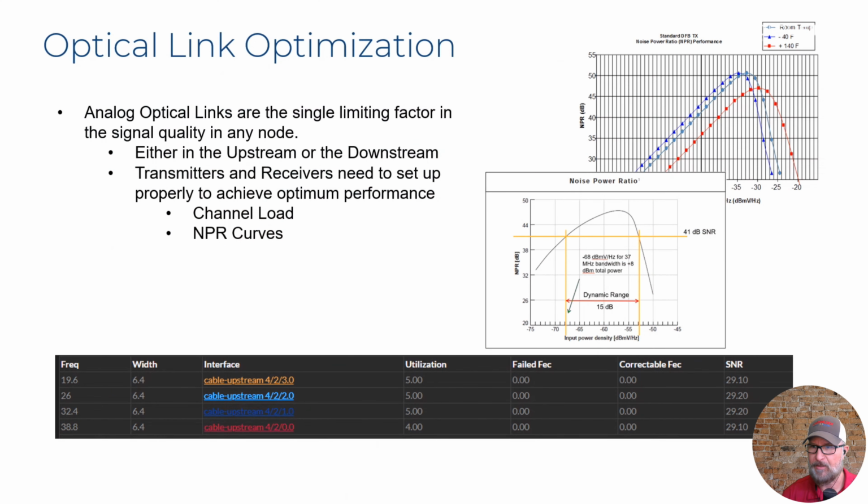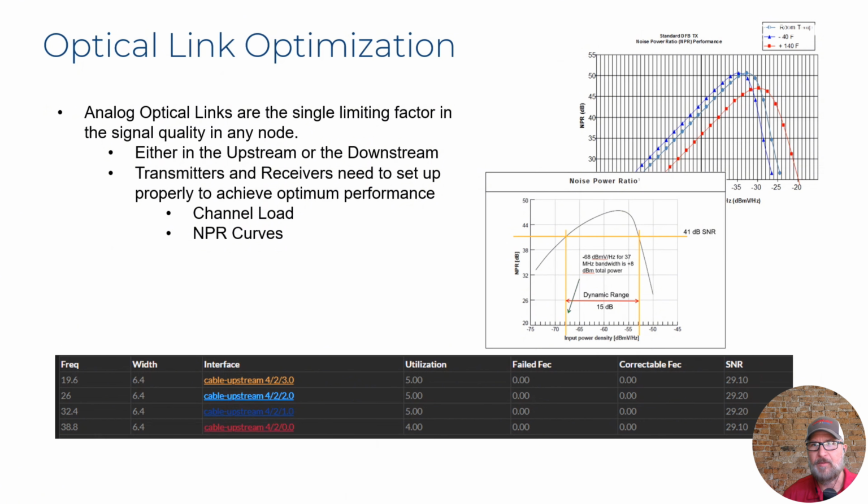So I wanted to get into the optical link optimization pillar because I think this also translates over into the active device pillar too. We talked a lot in the old days of analog optics about NPR curves, that noise power ratio. Right. But that conversation is starting to lean into the amplifiers too, because they also have an NPR curve, and in some cases an MER curve that's very important.